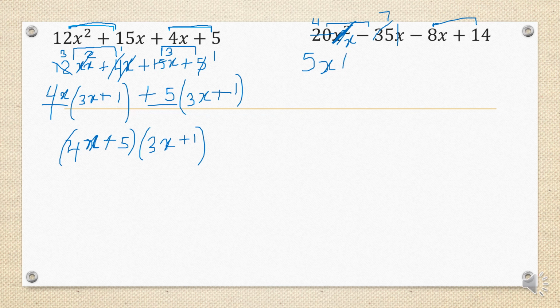Then in brackets, I'm going to put what remains. 4x on this side minus 7 on the other side. Minus, what can we factorize on this side? 2. Yes, we can say 2 into 8, 4, and 2 into 14, 7. So we're going to put the 2 outside. Are there any more common terms? No. So I'm going to put what remains in brackets.